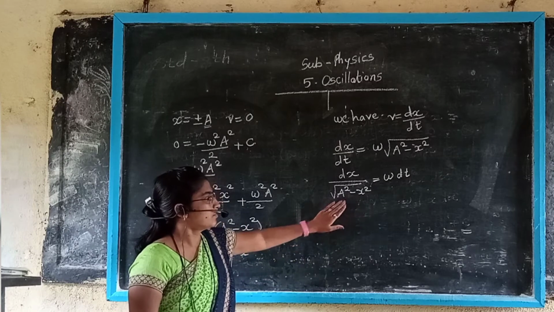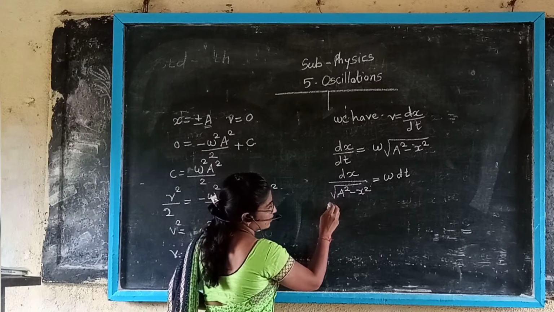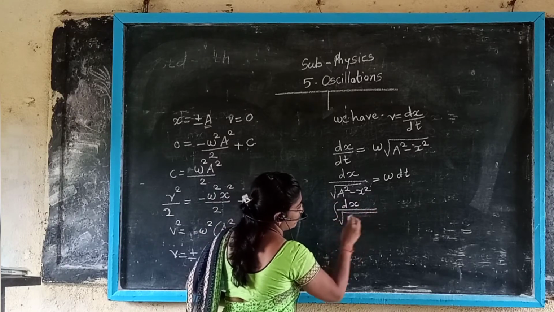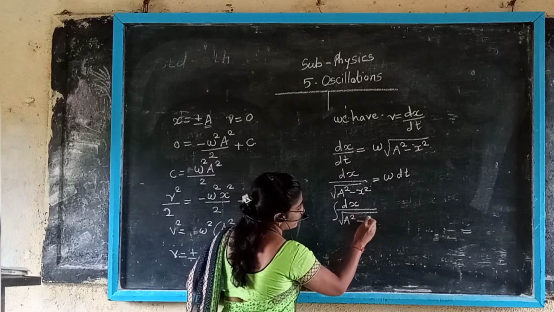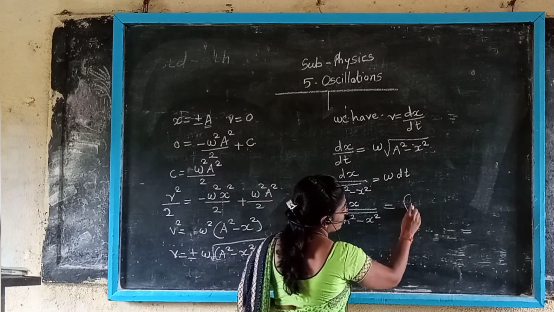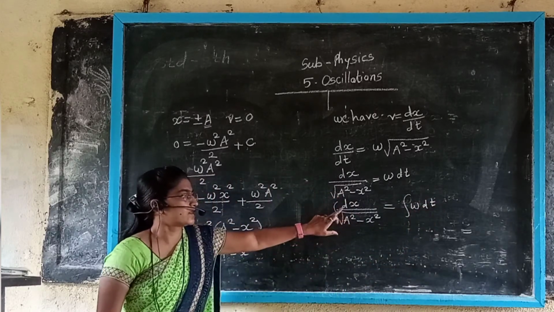Taking integration on both sides, we get integration of dx by under root a square minus x square is equal to omega integration of dt.